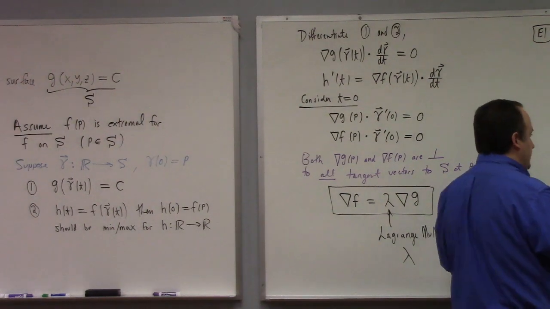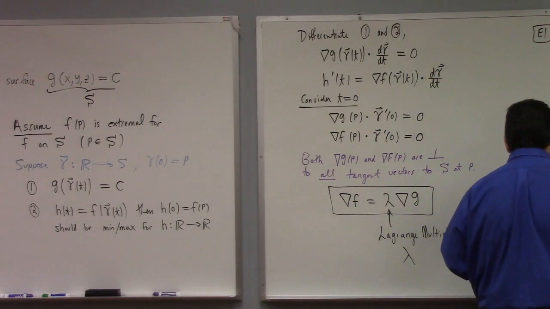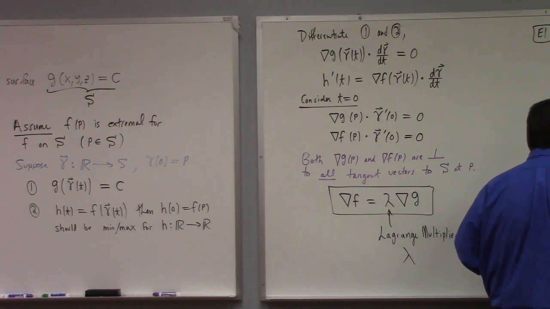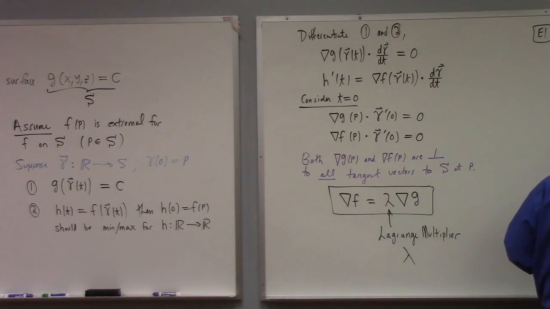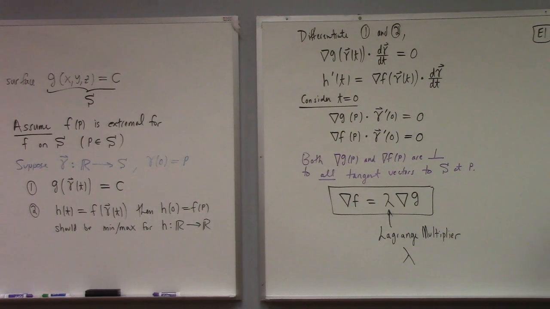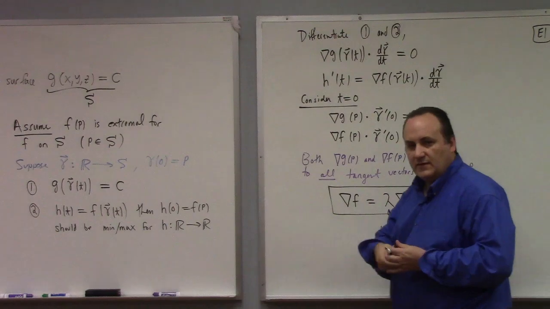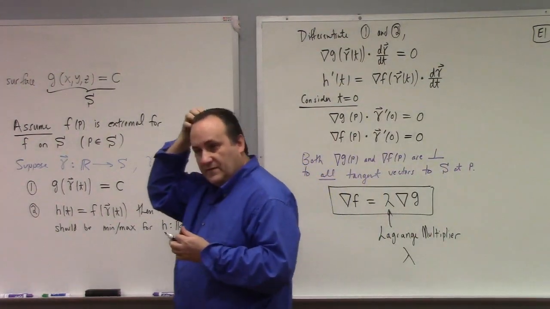So what are my solutions? Hence, f of 1, 0, which of course is 1, and f of minus 1, 0 equals minus 1. There's my max, and here's my min. As you can see, the Lagrange multiplier equation found it for us.